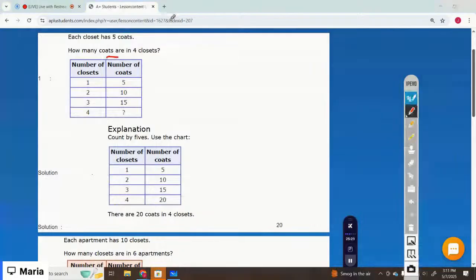So what is skip counting? Starting from 5, you don't have to count the numbers from 5 to 10. 5 plus 5 is 10. 10 plus 5 is 15. That means you skip 5 numbers. And then 15 plus 5 is 20. So in the four closets, there are 20 clothes.